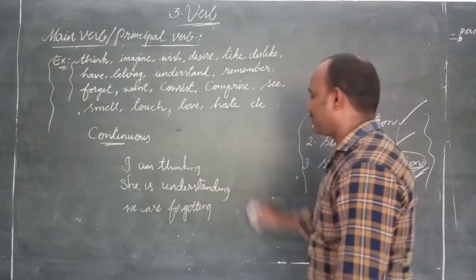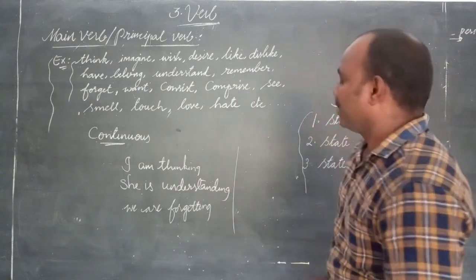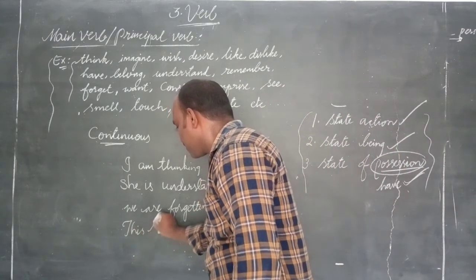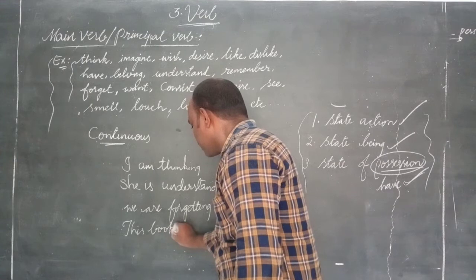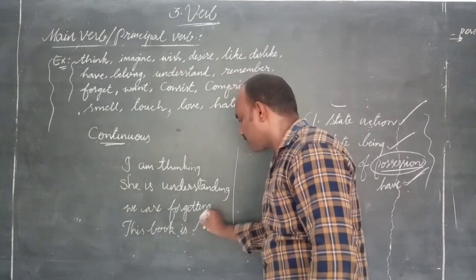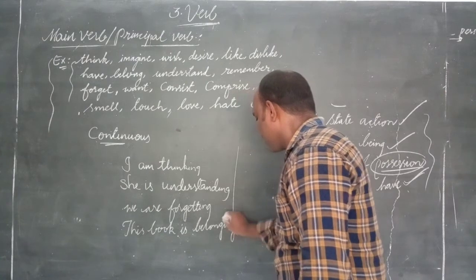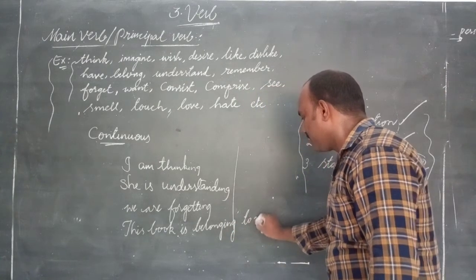For example, we should not say "this book is belonging to me."